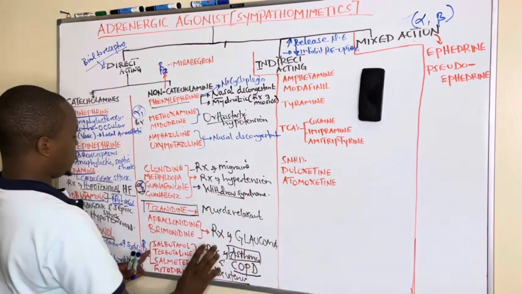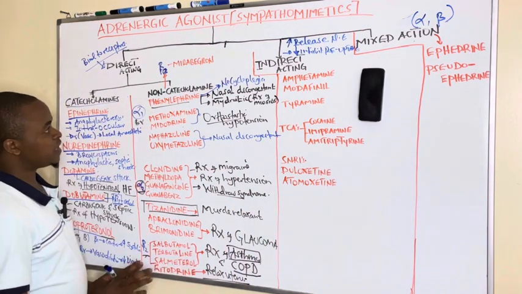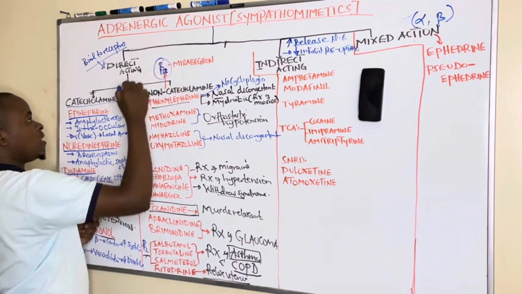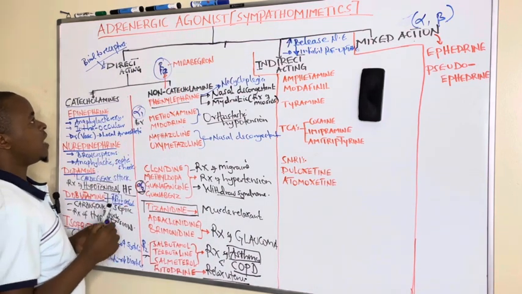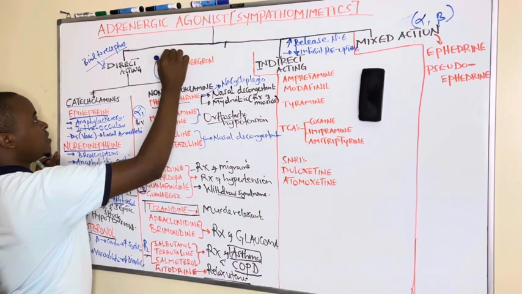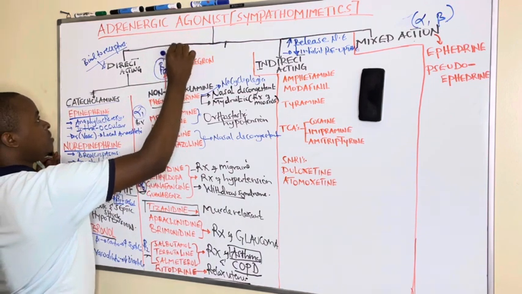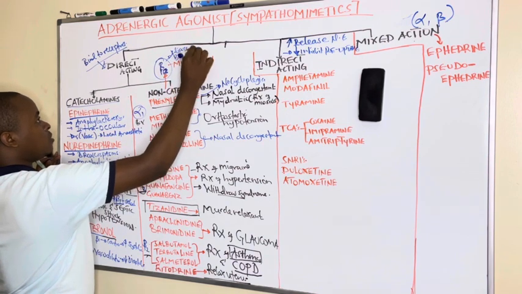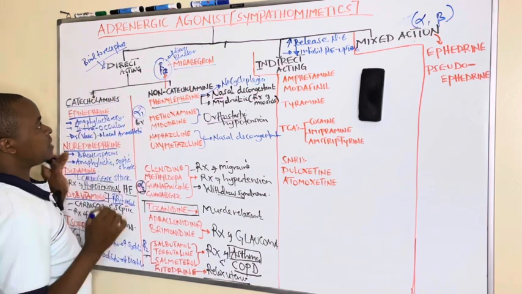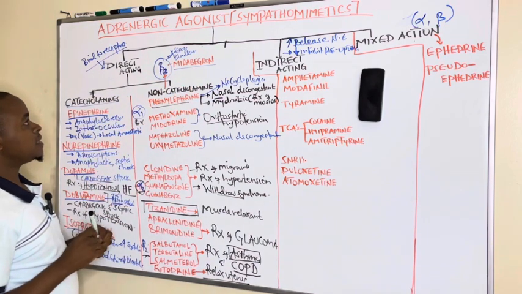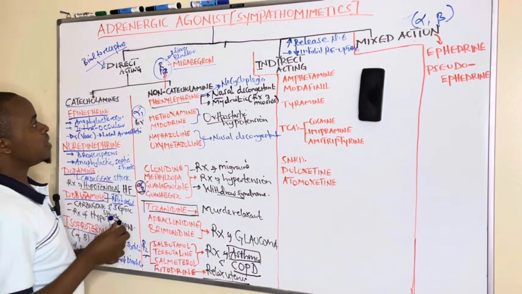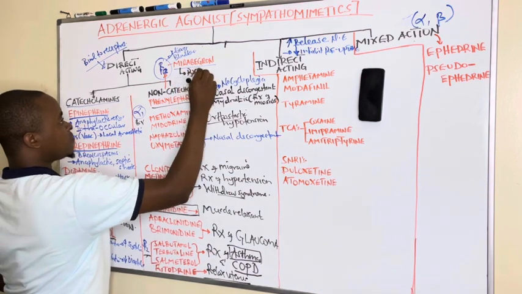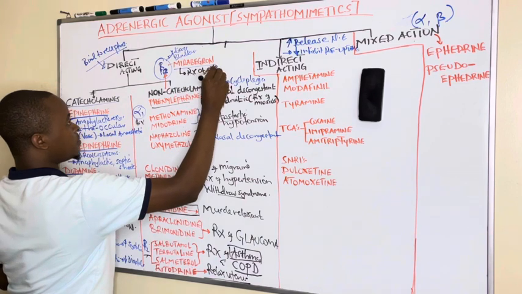So this one is about the non-catecholamines. Then the last one among non-catecholamines is the beta-3 selective, which is majorly found in the adipose tissue and the bladder. We use a beta-3 agonist, mirabegron, in the treatment of overactive bladder.